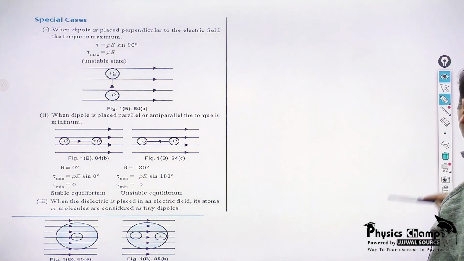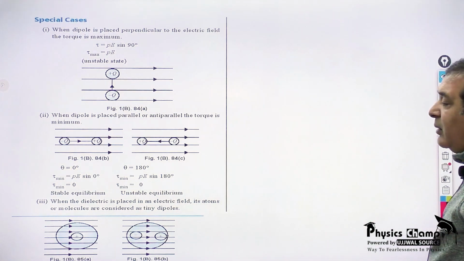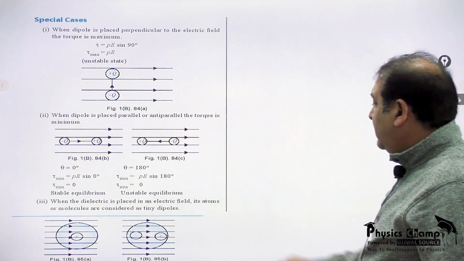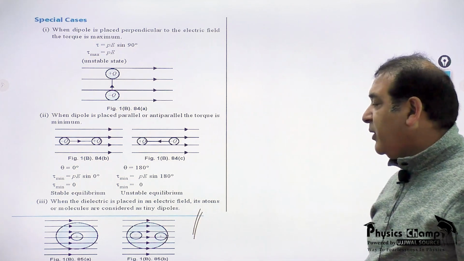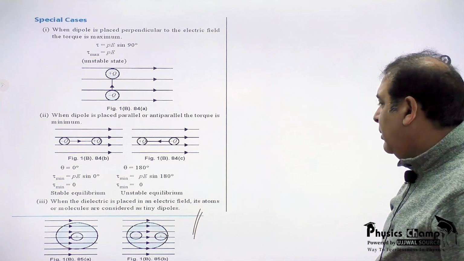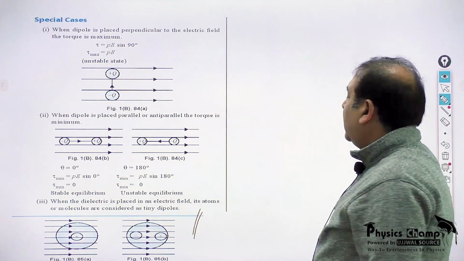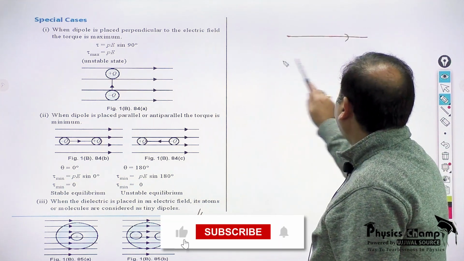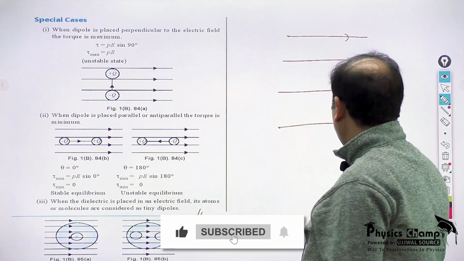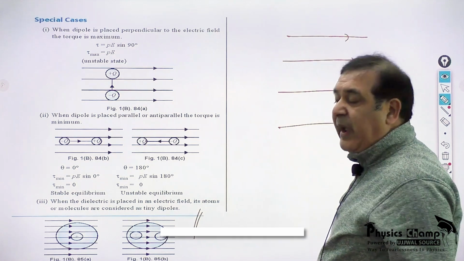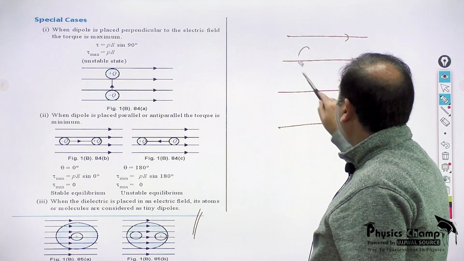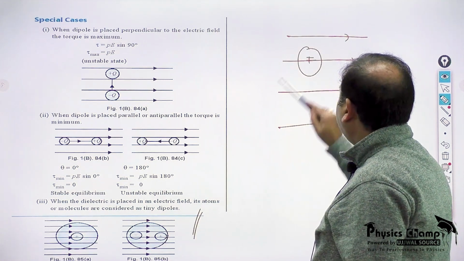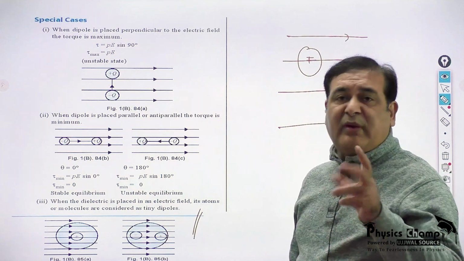So you learned about the maximum torque and minimum torque. This is another important point. What we are saying is that when a dielectric is placed in an electric field, a dielectric is the one which has positive and negative charge otherwise coinciding.